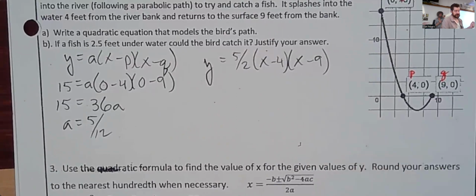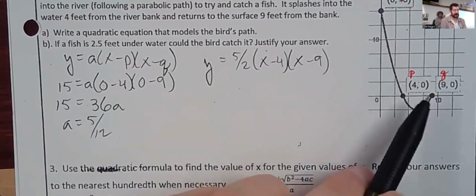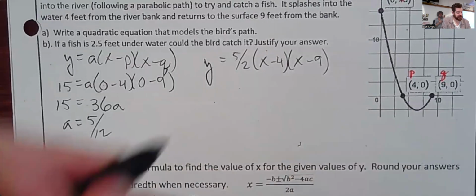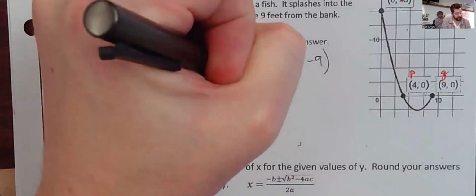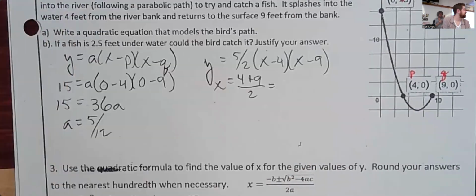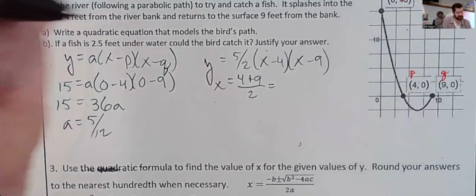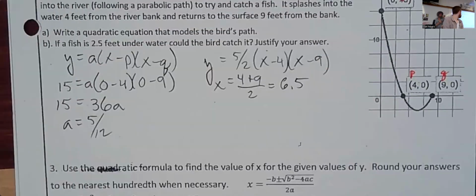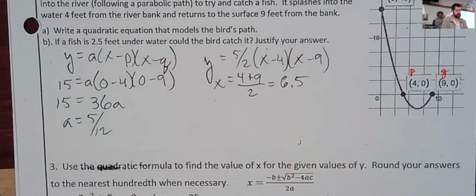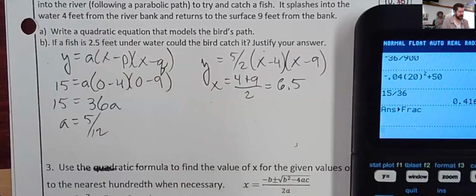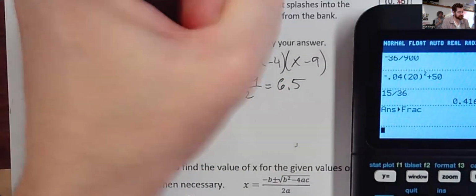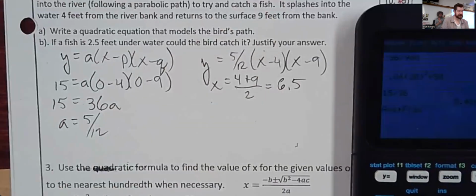So let's figure out the vertex. Start by adding the two values of p and q together. So x is going to equal 4 plus 9 divided by 2. 4 plus 9 is 13. 13 divided by 2 would be 6.5. So then take 6.5, plug it back in. I don't know why I wrote 5/2. 5/12. There we go. 5/12.